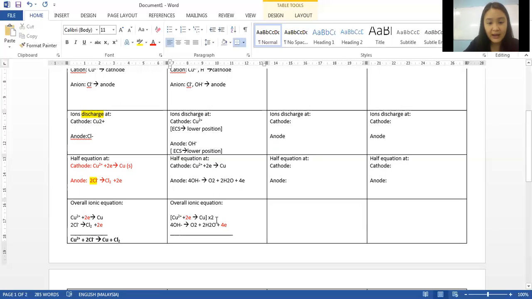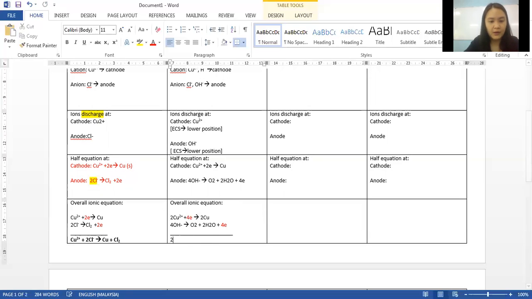Now I times 2 already. So what I will get is 2 Cu2+ plus 4 electrons becomes 2 copper. So this is my product. Now, once I'm done with this, I can safely cancel off my electrons. Whoever is in front of the arrow, put together; whoever is behind the arrow, put together.